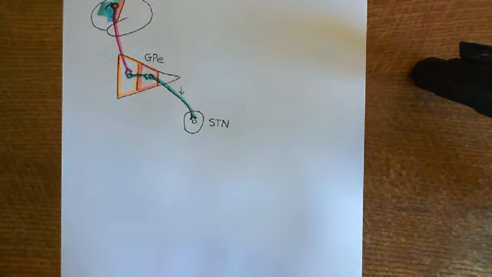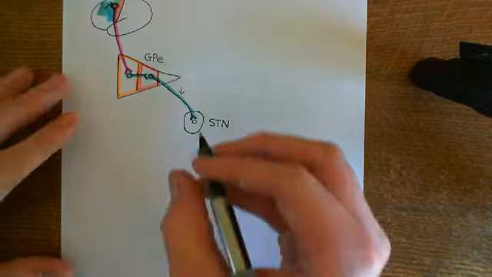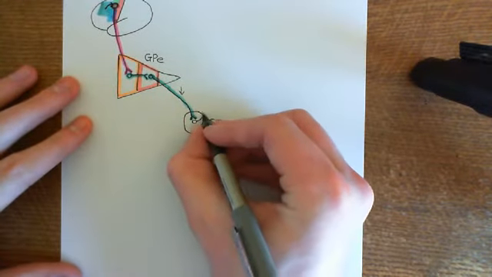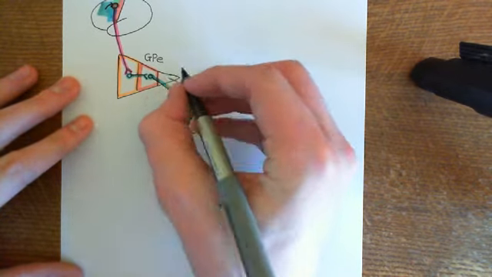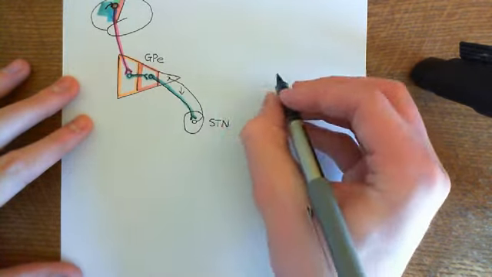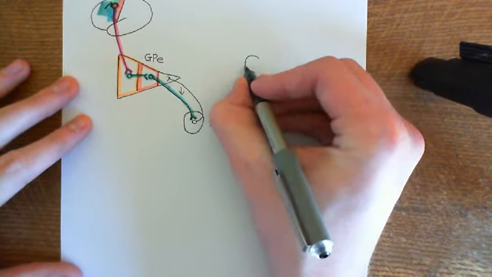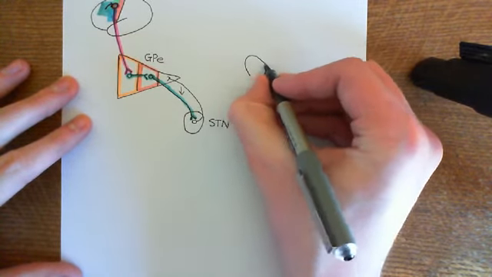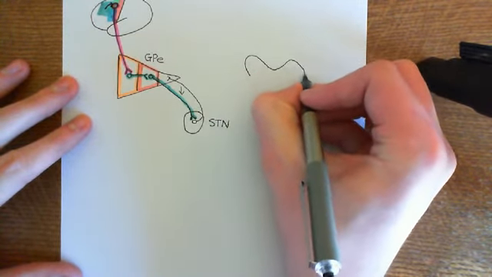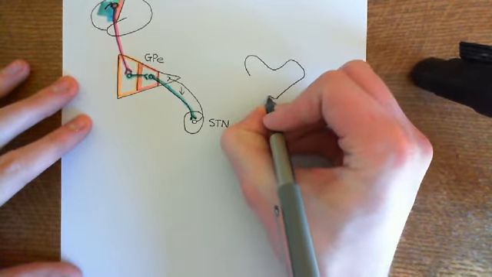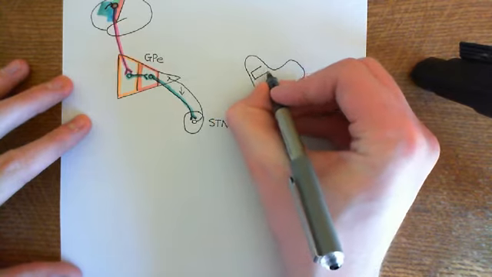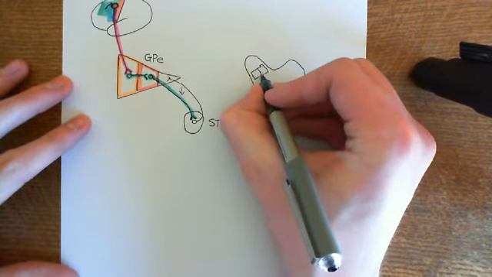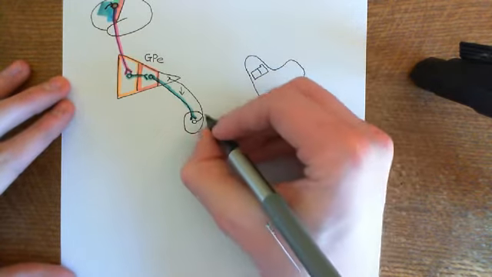Now what does the subthalamic nucleus do? Well, it contains excitatory neurons that are going to be innervating the internal globus pallidus and also the substantia nigra pars reticulata. So if I draw this again, here is the midbrain. Here is the substantia nigra on the left hand side, and then we've got again the substantia nigra pars reticulata.